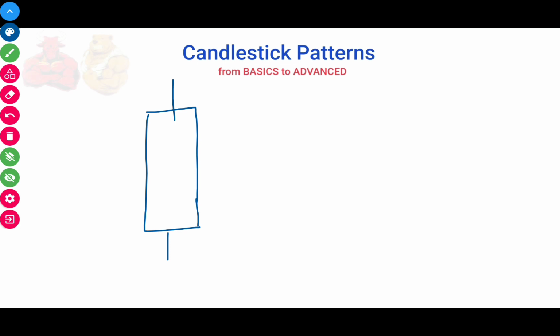If we want to understand the market, first we understand the market behavior, right? So how do we understand the market behavior? Here we understand the market behavior based on a particular candlestick. Okay, and how do we understand the candlestick here? With this we cannot understand, right?